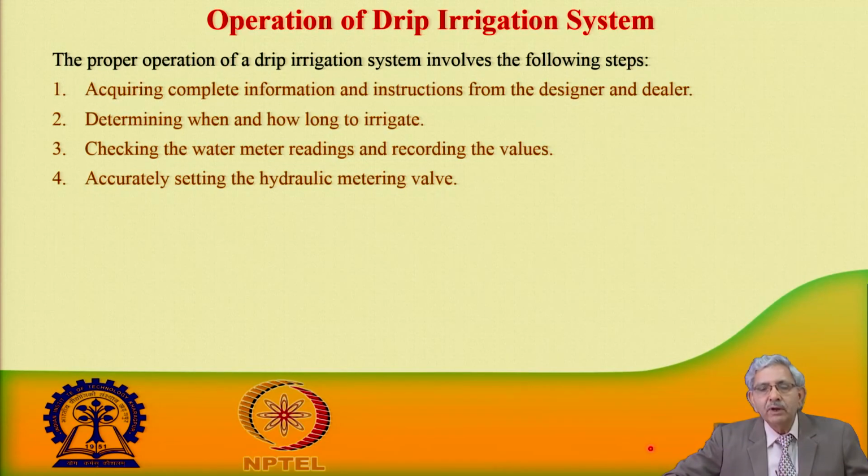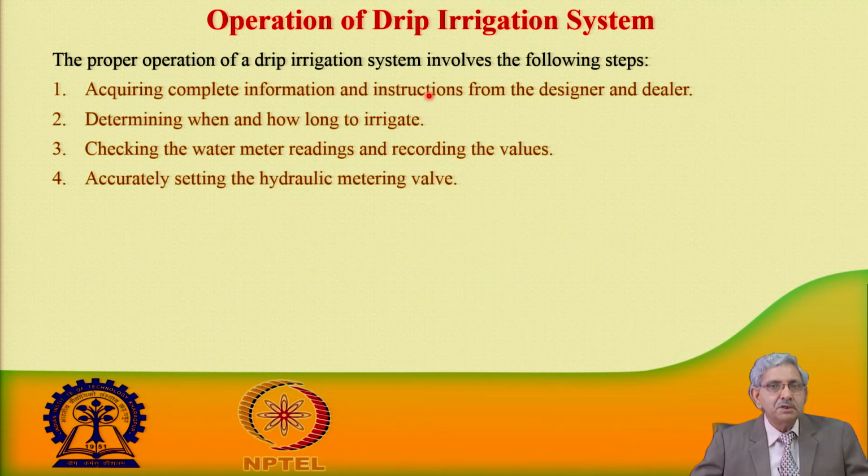Okay, now we will learn what are the important operational parts of the drip irrigation system components, and these should be taken care of. For proper operation of a drip irrigation system, one should acquire the complete information from the designer or dealer on how to operate all these components.